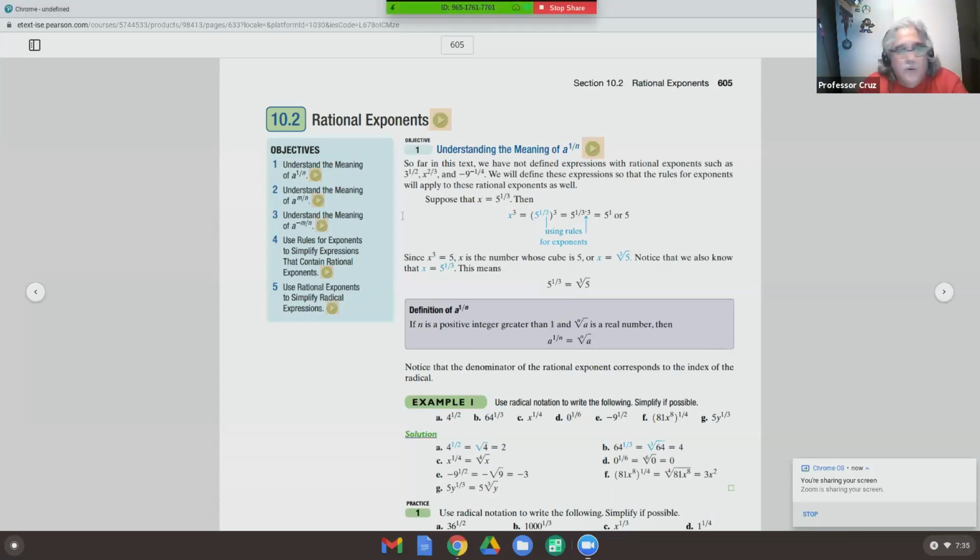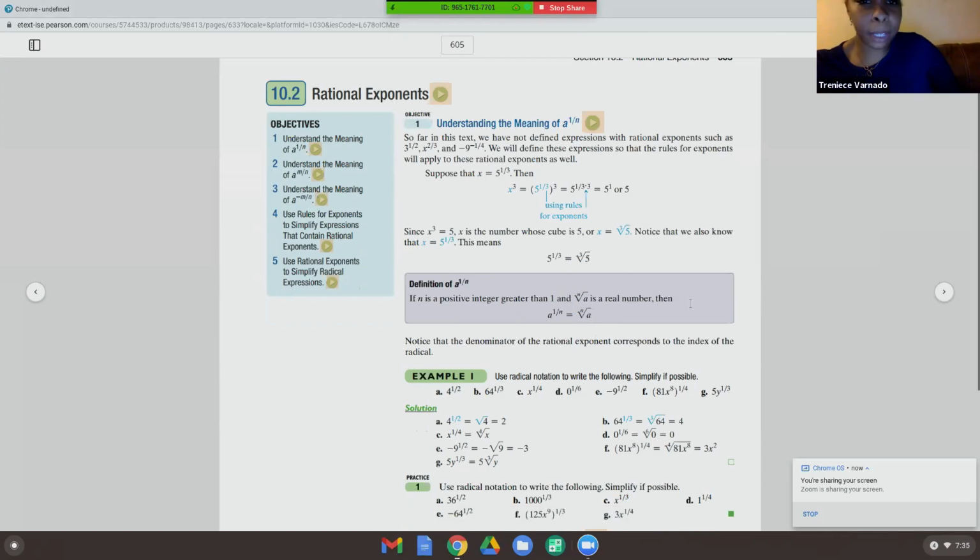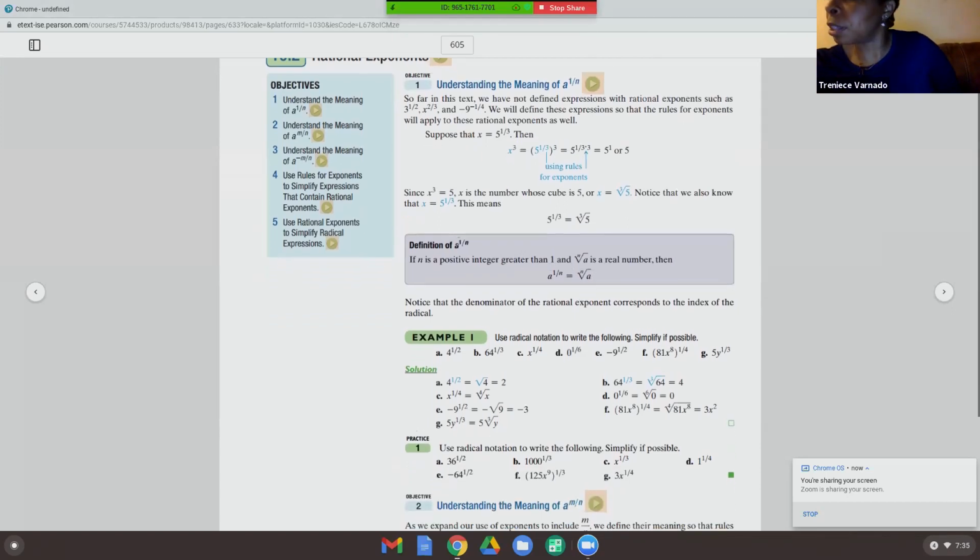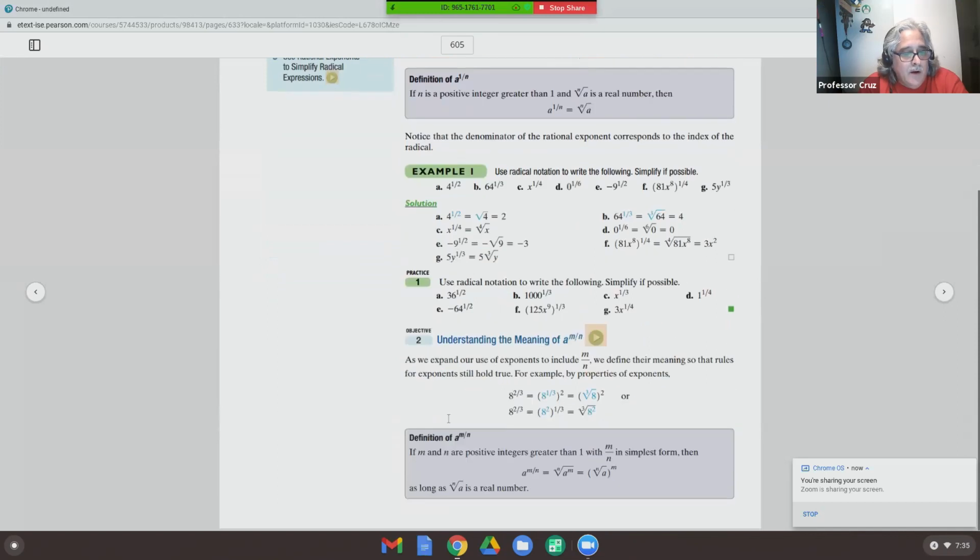See, this is 10.2, where they explain that out. Look, I wrote it down: a to the 1 over n. And then they do it here. This is where you have a numerator that's other than 1. You bring it outside of the radical. You can sometimes put it inside, but usually this way makes it more useful.